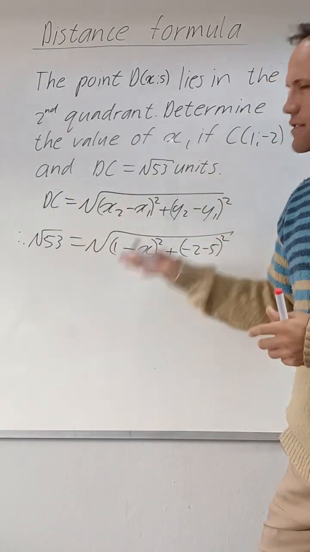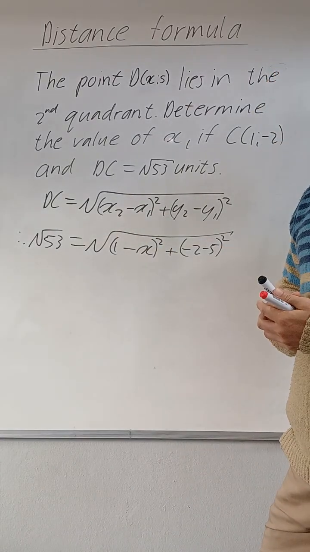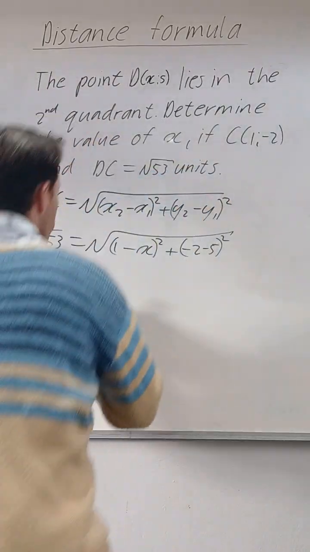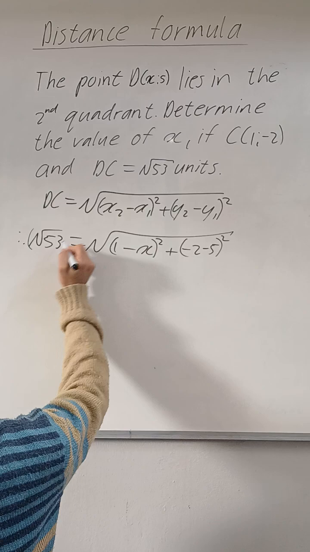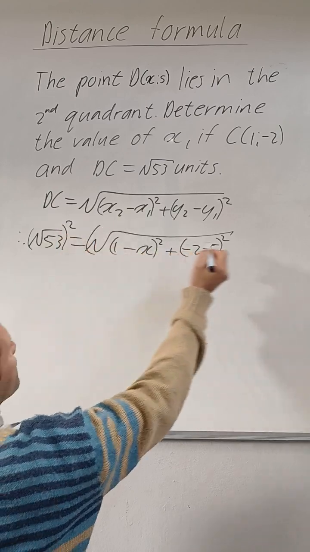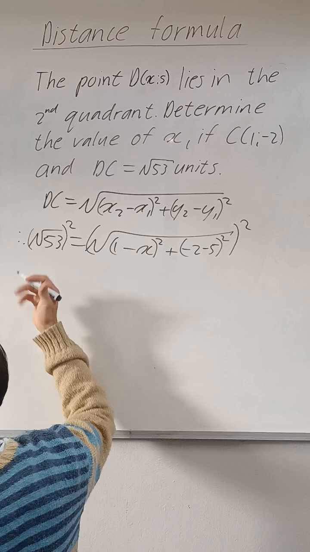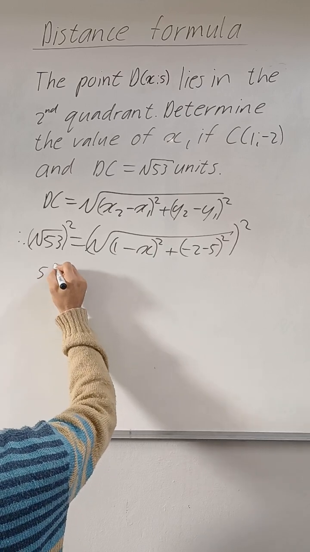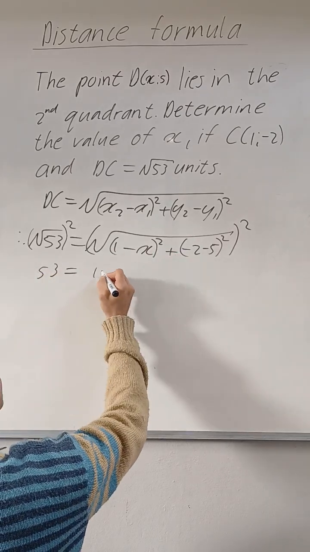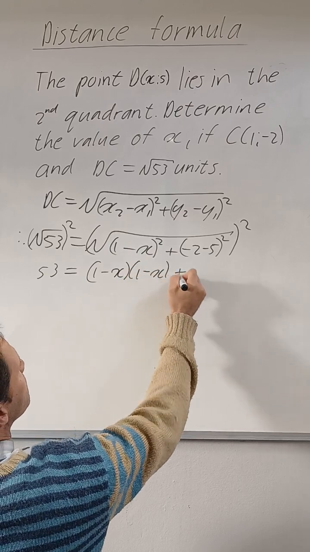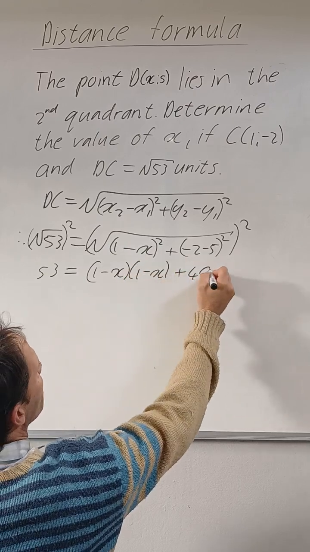So the rest is algebra. It's just basic algebra. So we're going to square this side and square this side. Remember when you take a square root and you square it, they cancel out. So this side becomes 53. This side becomes (1 minus x) squared plus 7 squared, which is 49.